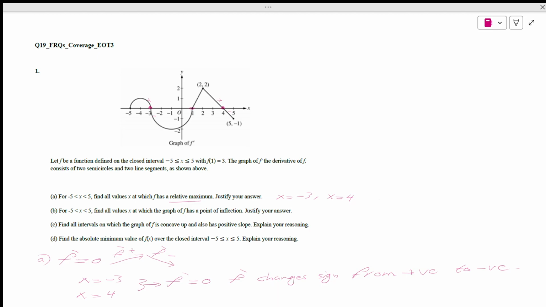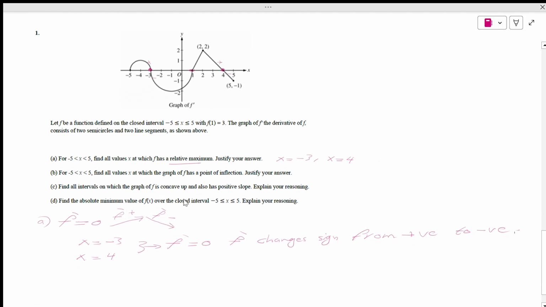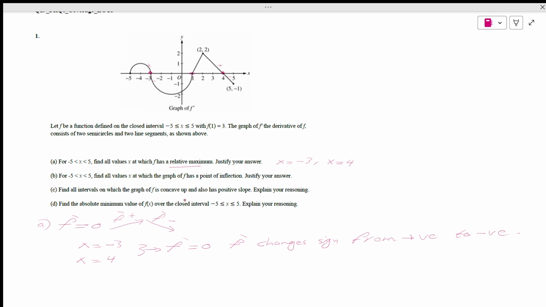Now the second part says find all values x at which the graph of f has a point of inflection.